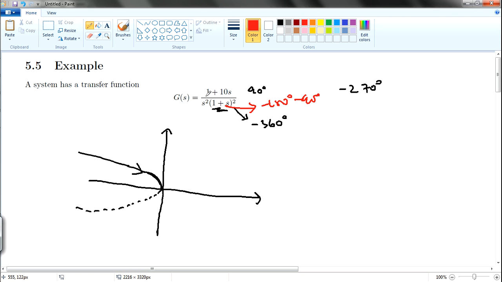So the graph itself without this one is actually at this portion over here. So the graph will look like this, right? But because you have a double integrator now, we are flipping it 180 degrees.